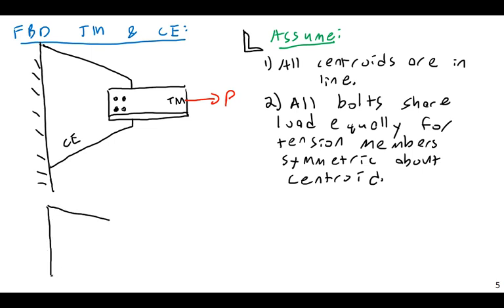On my notes here, I only have the element and the member, but I'm going to feel fancy and actually draw a third one, including the bolts. So I'll have the bolts themselves, and I'll have the tension member.